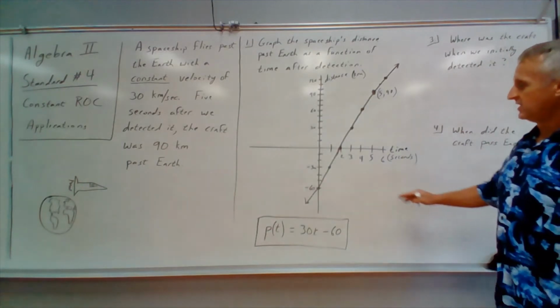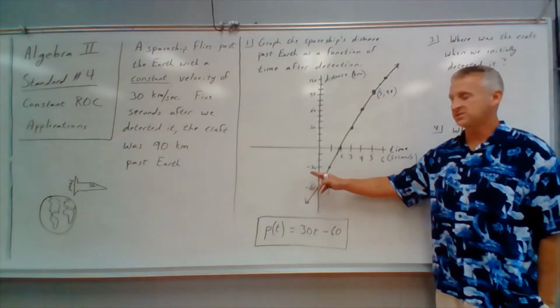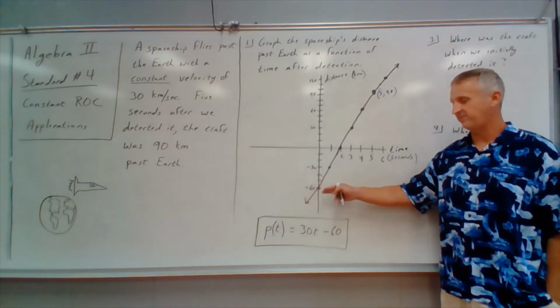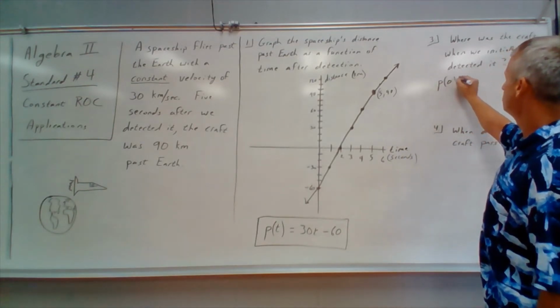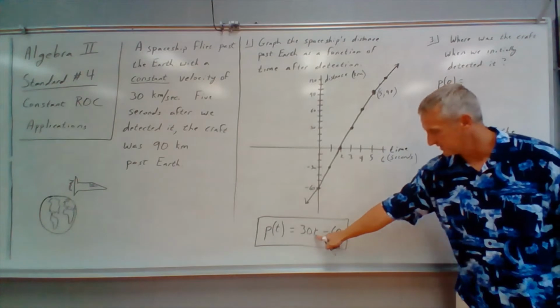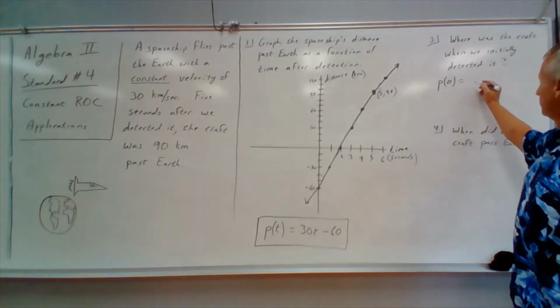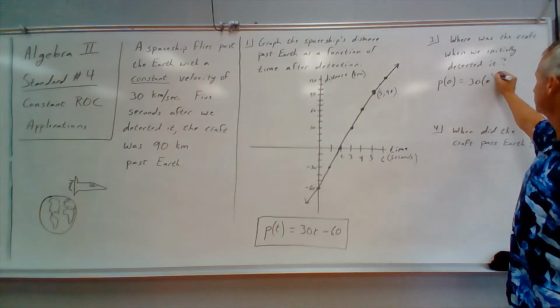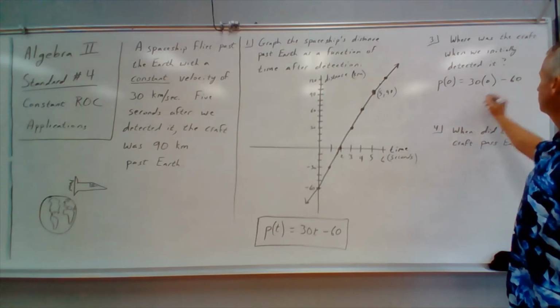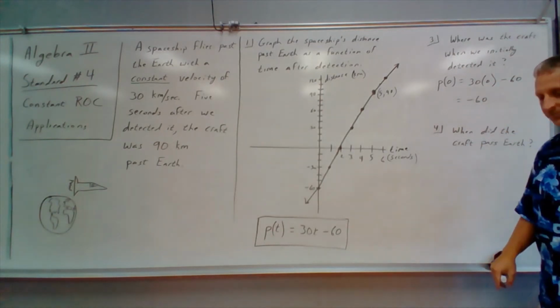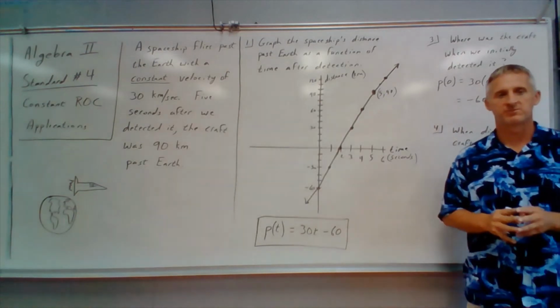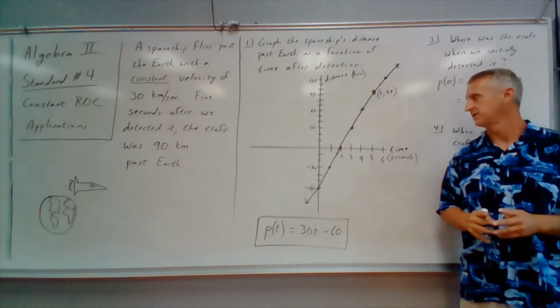If I want time 0, that's the initial value of our function, so that would be P of 0. I'm going to plug 0 in for t. I get 30 times 0 minus 60, that'll be 0 minus 60, or negative 60. When you're working out a word problem, you always want to keep your units in here. So negative 60 what?